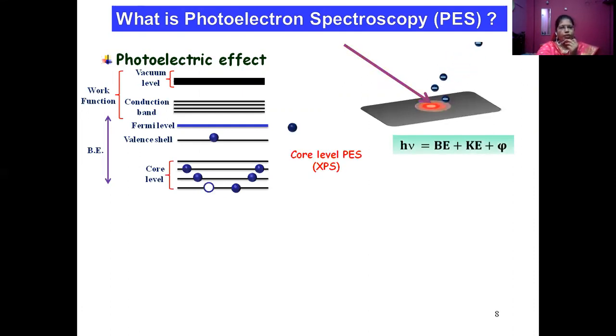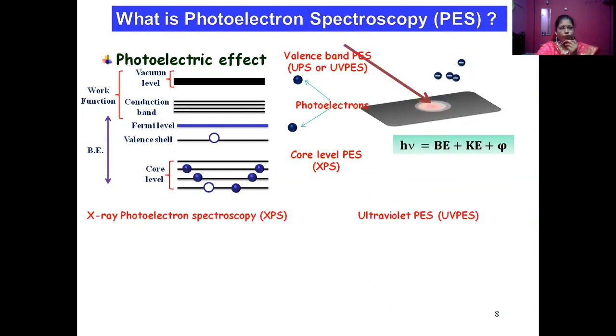If the electron is ejected from the core level, it is called X-ray photoelectron spectroscopy. If the electron is ejected from the valence shell, it is called valence band photoelectron spectroscopy. Both of these involve photoelectrons.